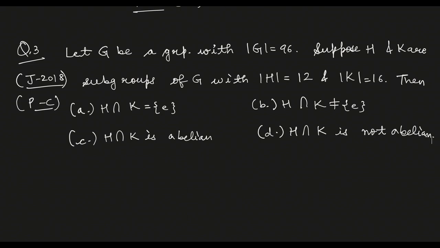C part, abelian. C part is correct. It is MSQ. More than one option is correct. Okay. Order right, but two.